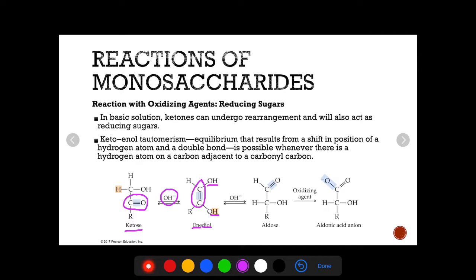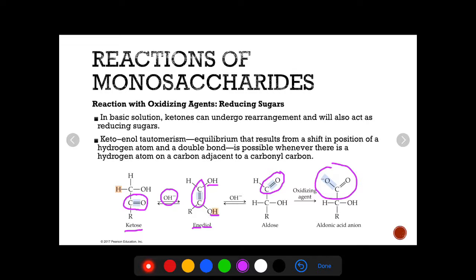Okay, then what happens is the double bond moves again. It rearranges now to form the double bond here on the end. So now we have an aldehyde, or an aldose, and that can be oxidized now to the carboxylate ion.